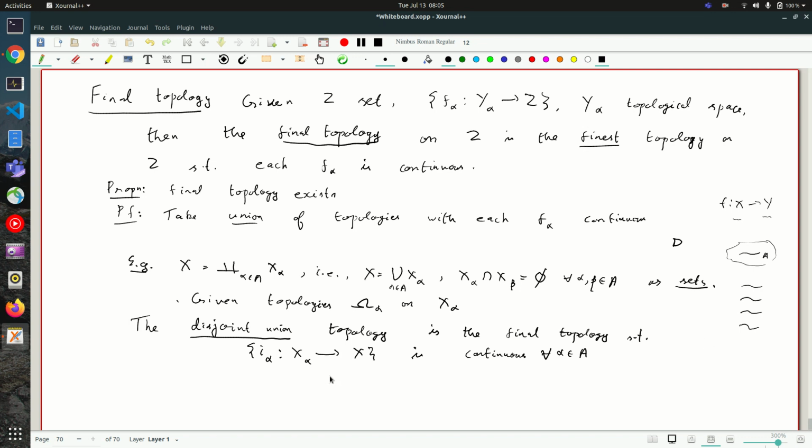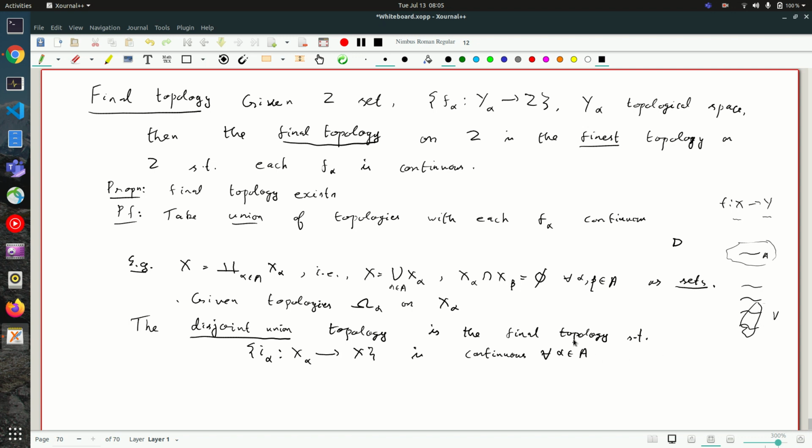And that means that if a set V is open here in X, its inverse image must be open, so its intersection with each X alpha will have to be open. Okay, and finest topology means, so this will tell you that V has the condition that its intersection with each X alpha is open. This is also true if I took the indiscrete topology in a rather silly way. But because we are taking the finest one, we impose the converse.